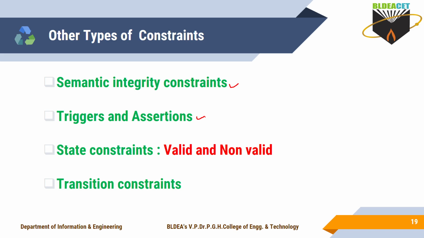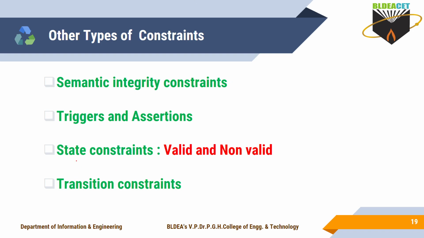That is an application-related constraint. If by mistake you enter a salary for the employee greater than the employer's, it is wrong, and it should give an error message. That condition is verified, or satisfied. That is what we call triggers or assertions. Triggers or assertions specify constraints based on your application.